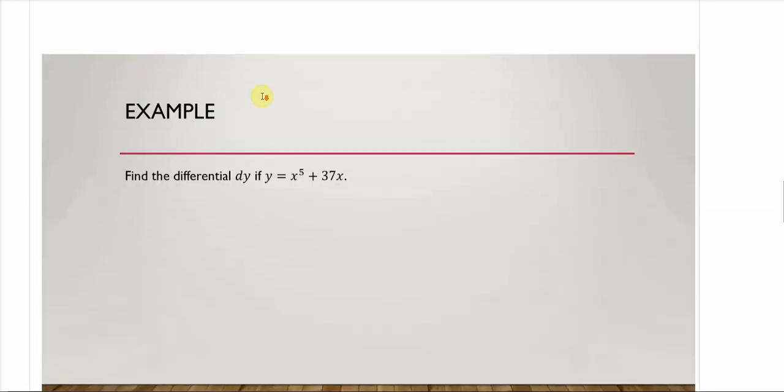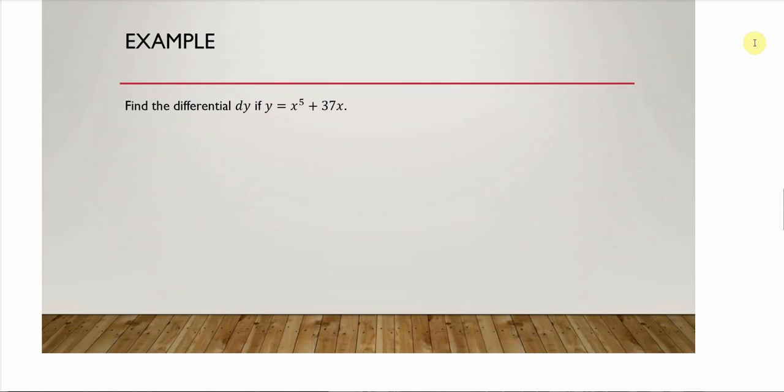Okay? So now let's go ahead and see how finding differentials works. And you guys say, well, it's not that hard, sir. It's actually really easy. So let's take the derivative of this. But remember, we're going to use Leibniz notation. So I'm going to say dy over dx is going to equal 5x to the 4th plus 37. Now, what I want is to leave dy by itself.